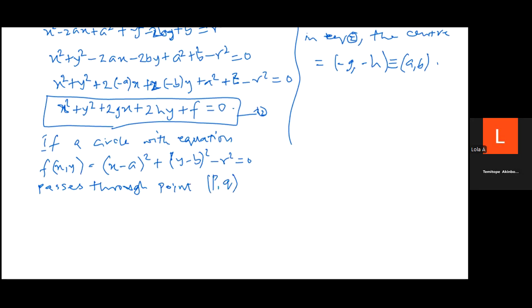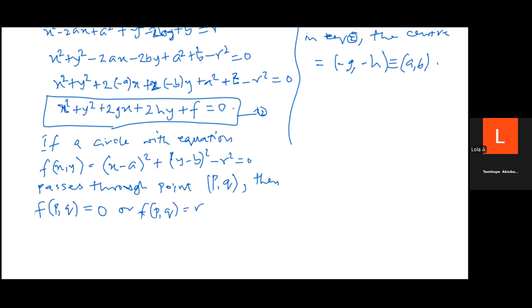Then f of P, Q equals 0, or f of P, Q equals r squared.